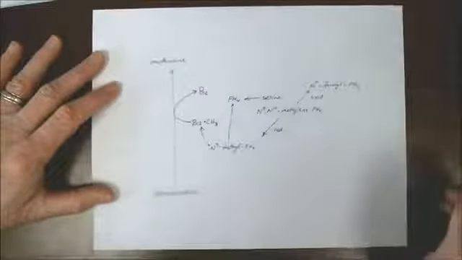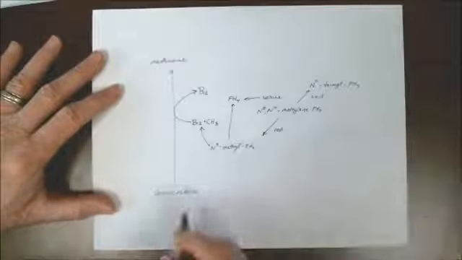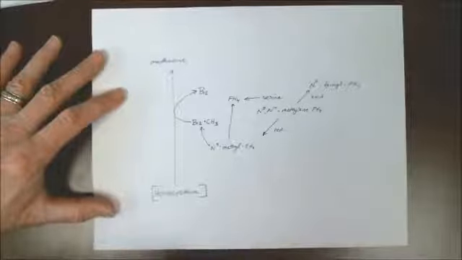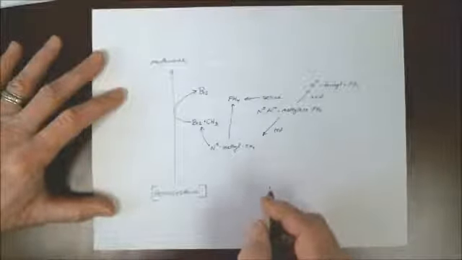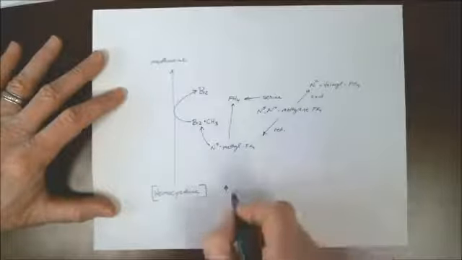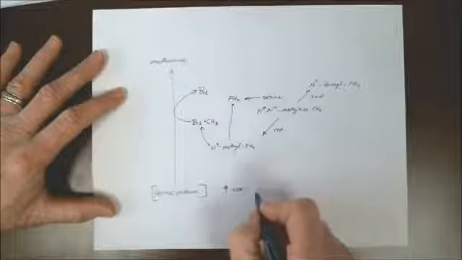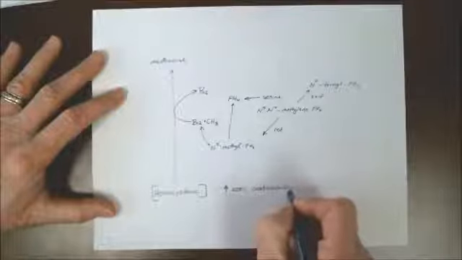Now, a little bit of medical interest here is that the concentration of homocysteine is of interest to cardiologists especially because high levels of homocysteine are associated with cardiovascular damage.